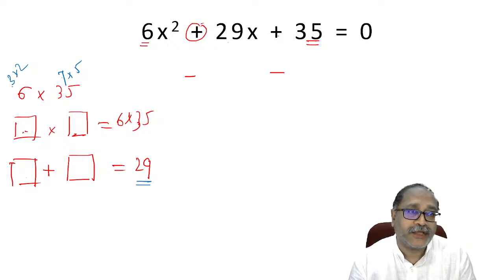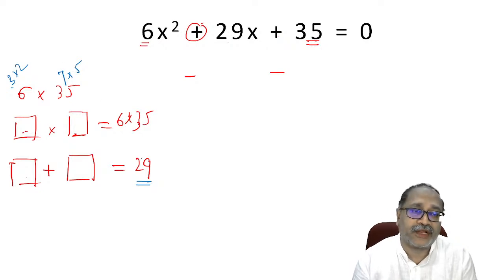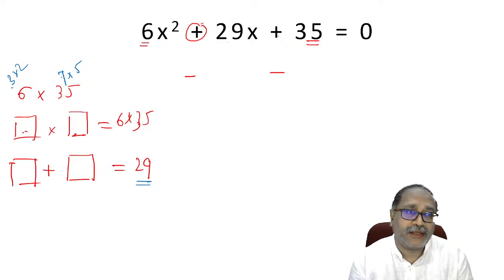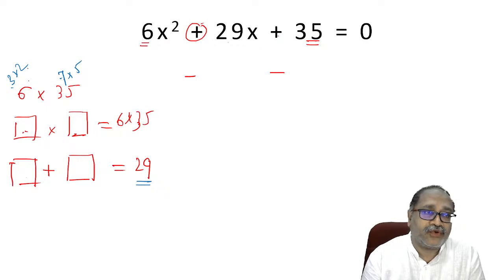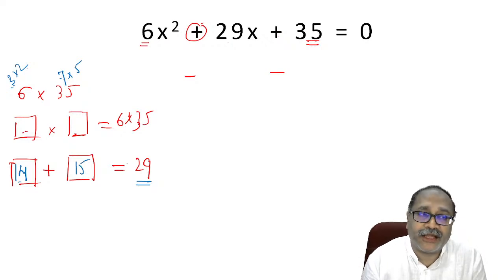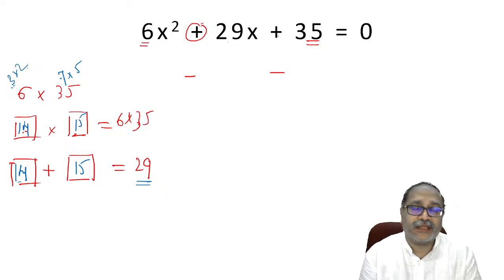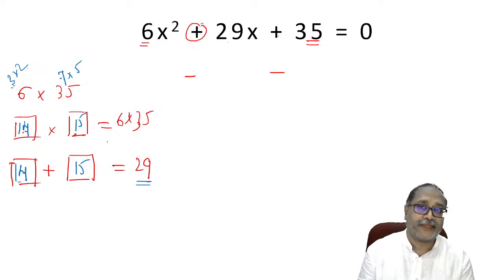Look at this part: 3 times 7 is 21 and 2 times 5 is 10, not possible to get 29. Now 7 times 2 is 14 and 3 times 5 is 15. So 14 plus 15 is 29 and 14 into 15 is 6 into 35.